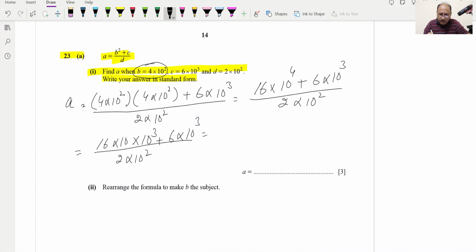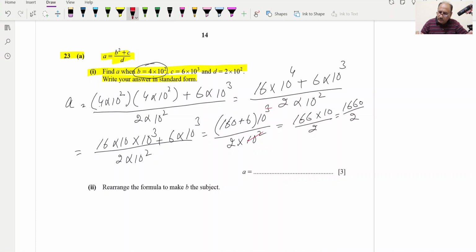16 times 10 will be 160, so 160 plus 6, and outside we can take common 10 raised to the power 3 over 2 into 10 raised to the power 2, and 10 raised to the power 2 and 10 raised to the power 3 will cancel. This will be equal to 166 multiplied by 10 over 2, which we can write as 1660 over 2.